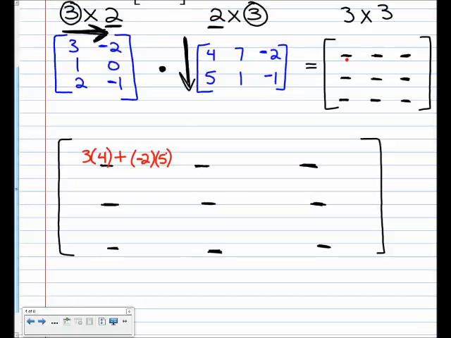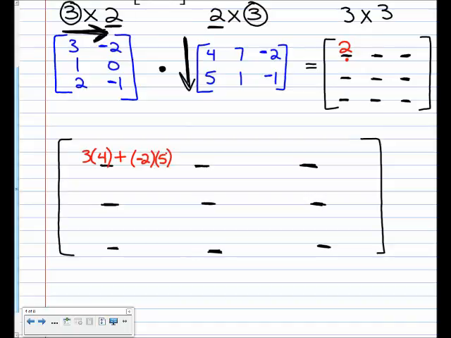So what is that? What's 12 plus negative 10? Positive 2. Great, we've got one number. We have 8 more to go. We can do this. Here we go, the next one.